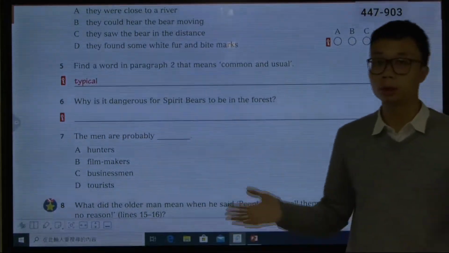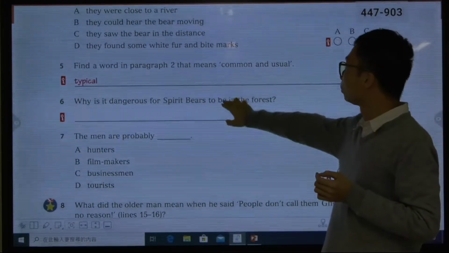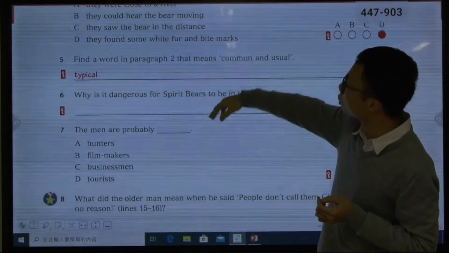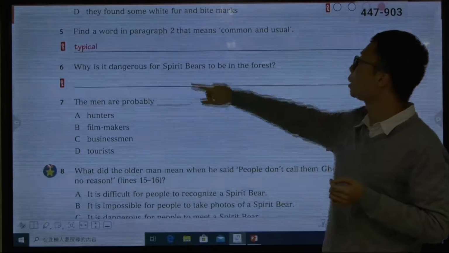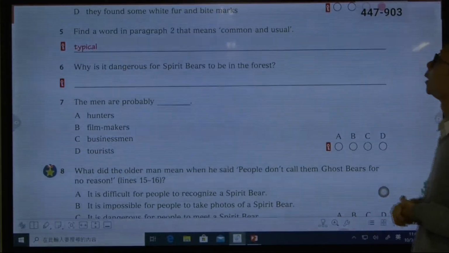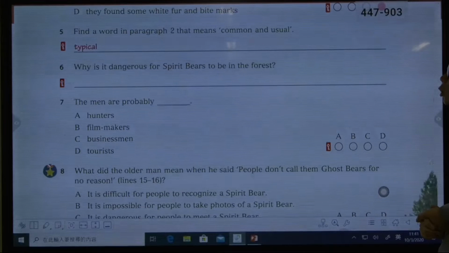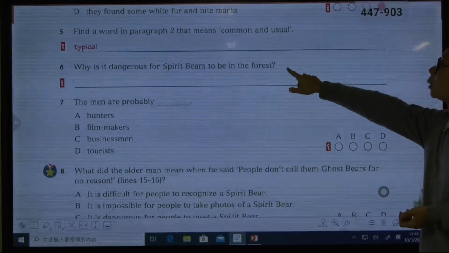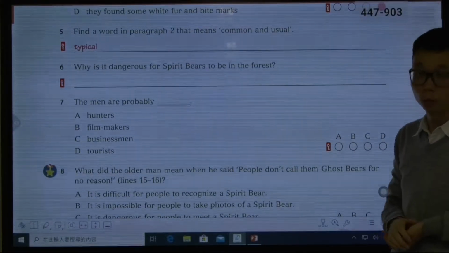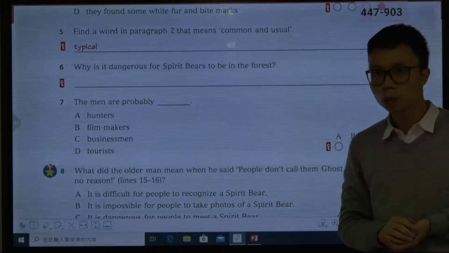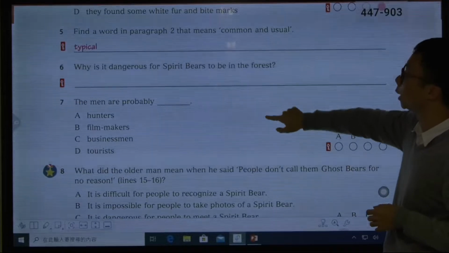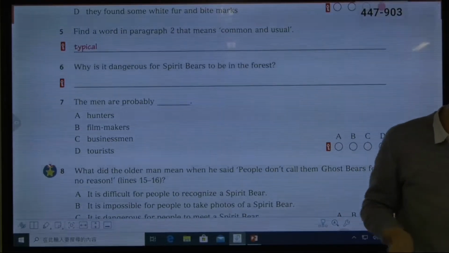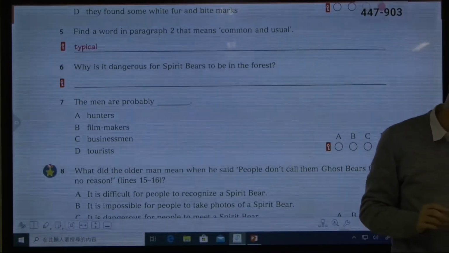I'm just giving you a method to deduce your answer. Okay, how about this one? Why is it dangerous for spirit bear to be in the forest? This question is quite straightforward. If you look at your text, the word dangerous is in bold in red, and you can track it: it is in line number 10.